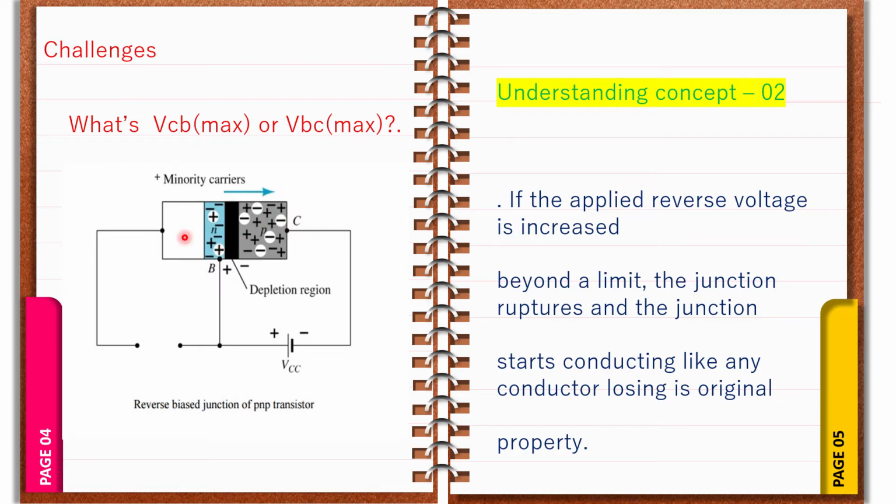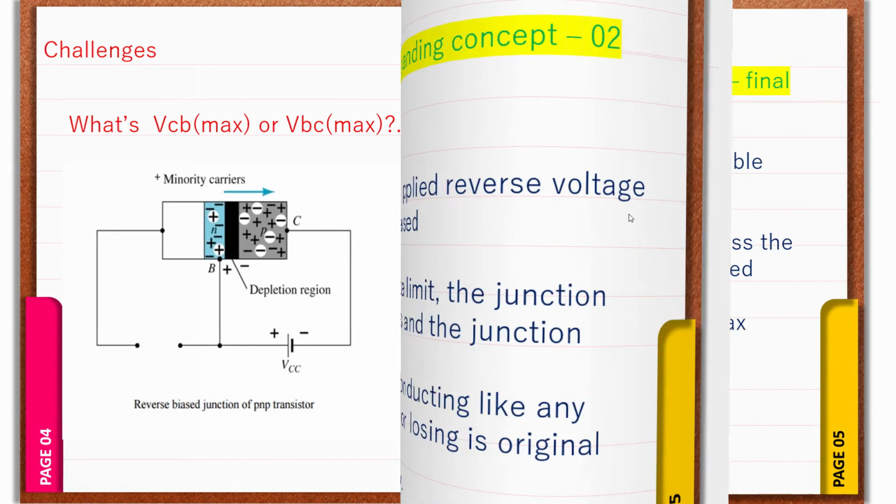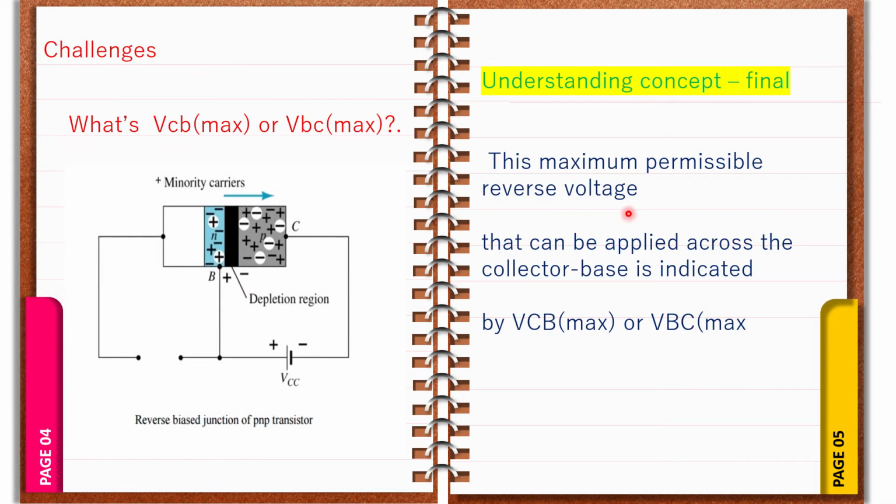So come to here. What is VCB max? It means maximum collector base voltage, the voltage between the collector and base. Maximum how much voltage can we apply across the base and collector region without short circuit, rupture or any damage?